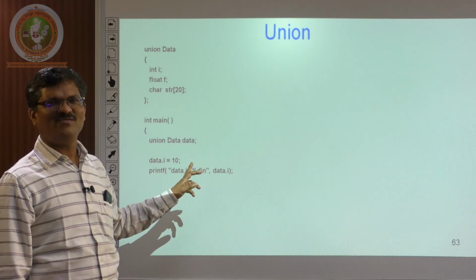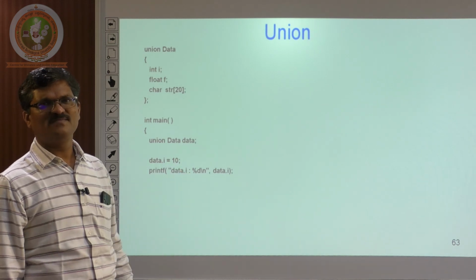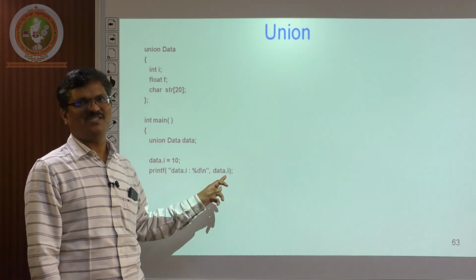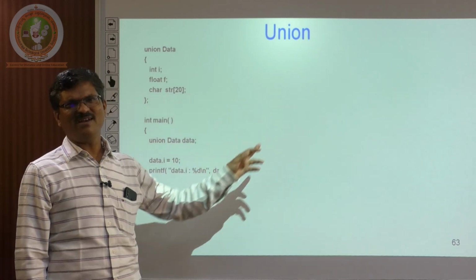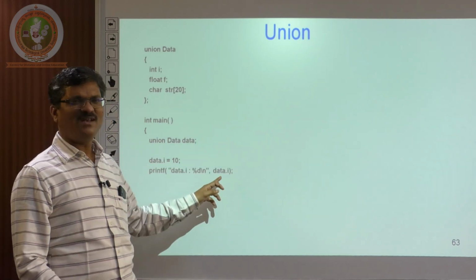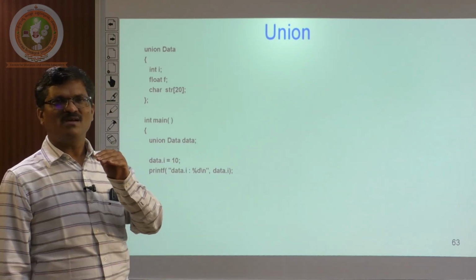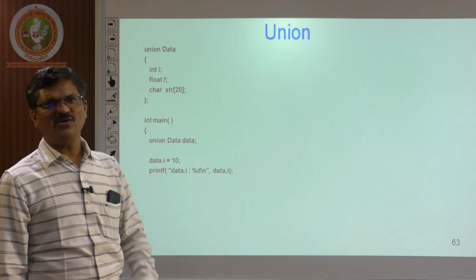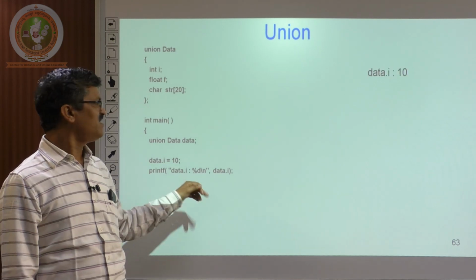Again we assign the value 10 to i, but we would like to print it here only to see whether it takes or not. So, on printing, definitely what will print now? This value will be printed, because currently i is pointing to the union's memory location, hence data.i will hold the value 10.